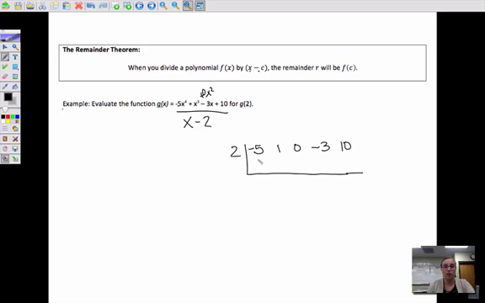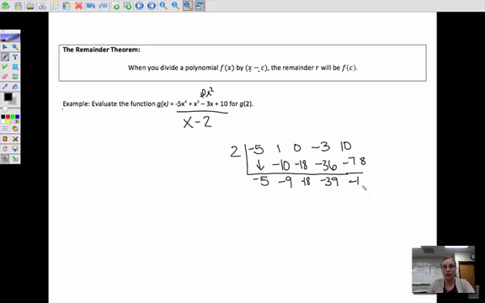And then quickly going through a synthetic division, I bring down my negative 5. 2 times negative 5 is negative 10. Add those, we've got negative 9. 2 times negative 9 is negative 18. Add that to 0. 2 times negative 18 is negative 36. Add that to the negative 3. Got negative 39. 2 times negative 39 equals negative 78.